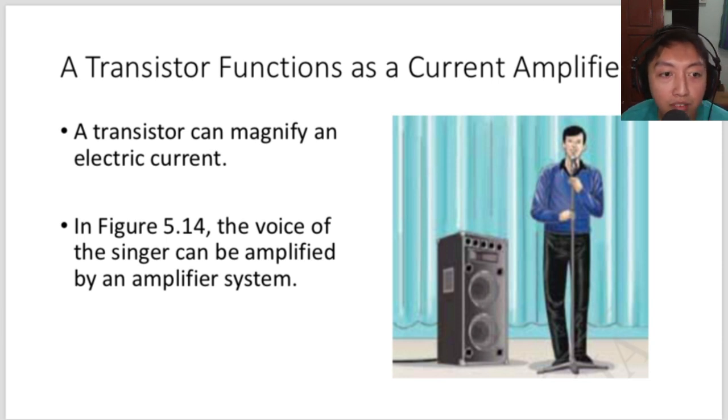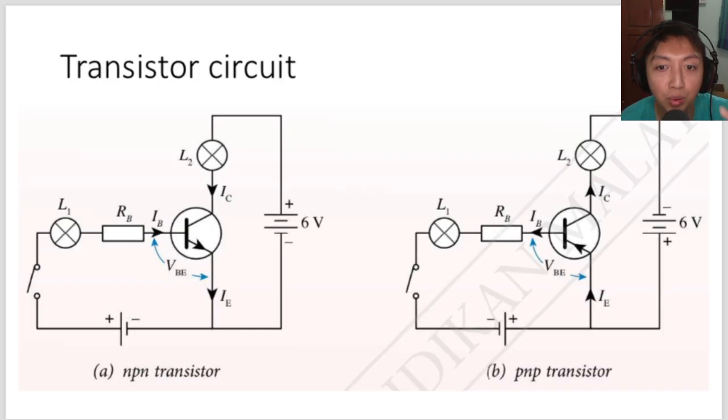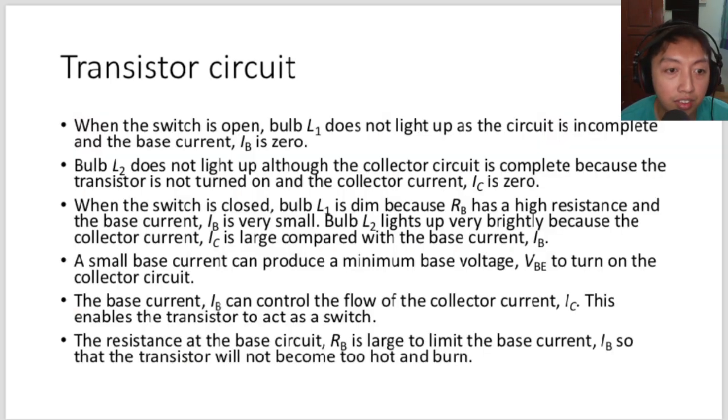That is how a transistor can function as a current amplifier. Basically an amplifier works where you can make the volume go up and down. When the volume is low, we're giving a small current to the base circuit, and it only lets a small amount through the collector circuit.